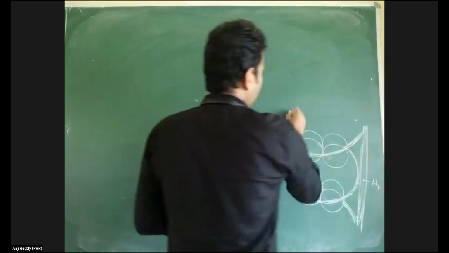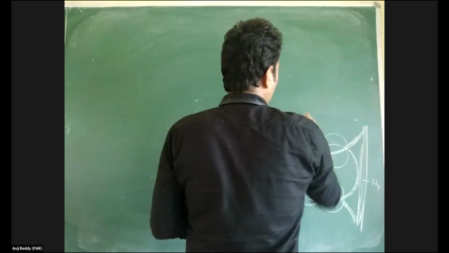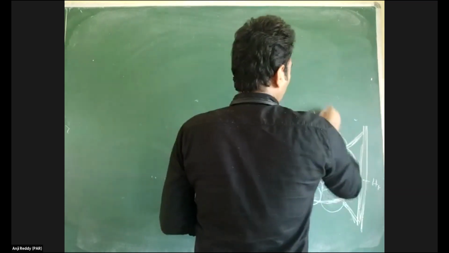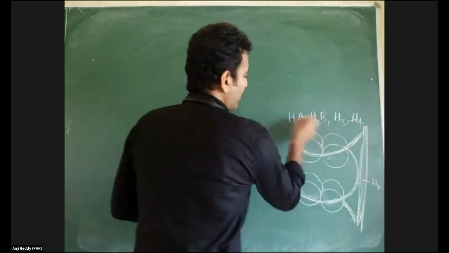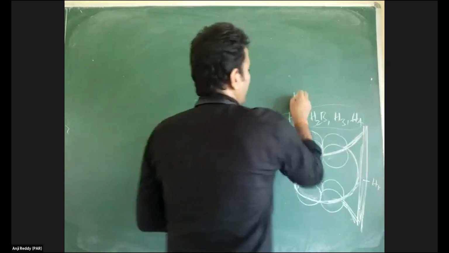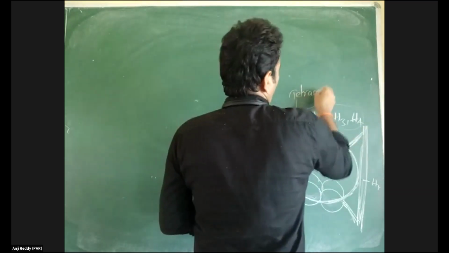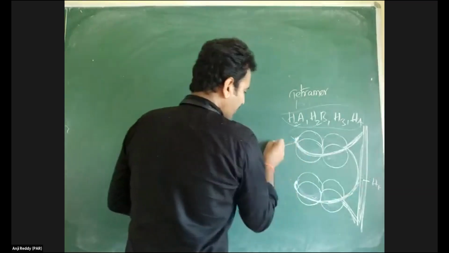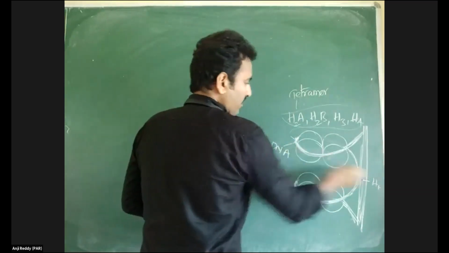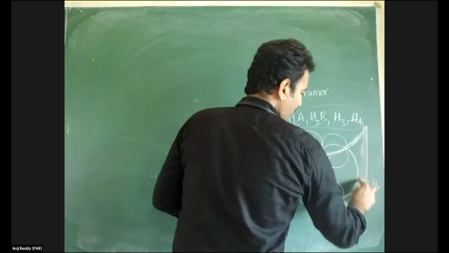This is H2A, H2B, H3, H4, a tetramer. This is the DNA molecule. This is H1 protein.